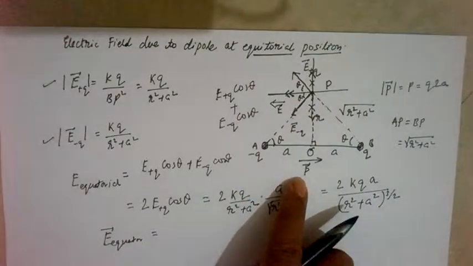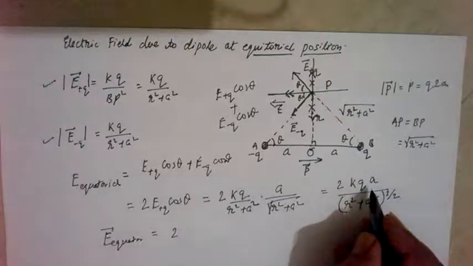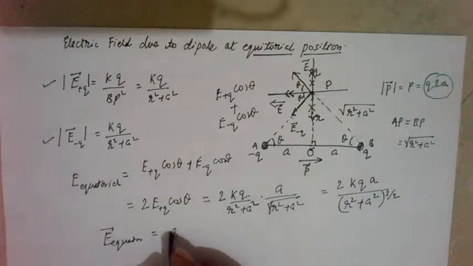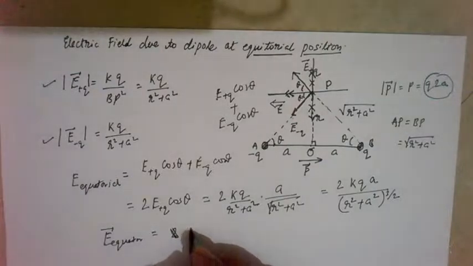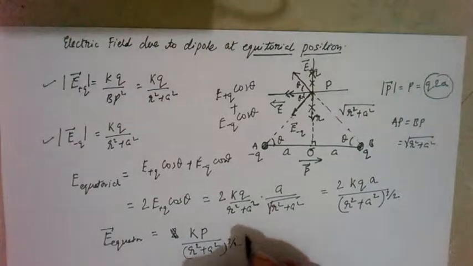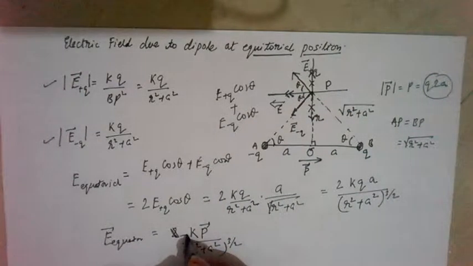We know that 2 into qa is the dipole moment, so we can write it simply as k p upon r square plus a square to the power 3 by 2, and the direction is opposite to the dipole moment. The minus sign gives a direction opposite to the dipole moment vector.